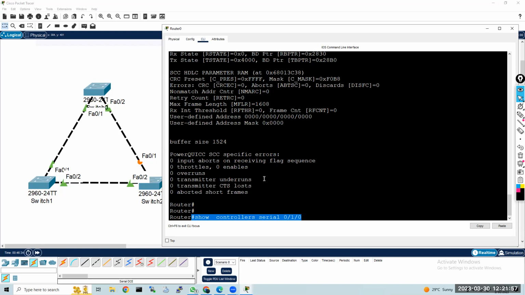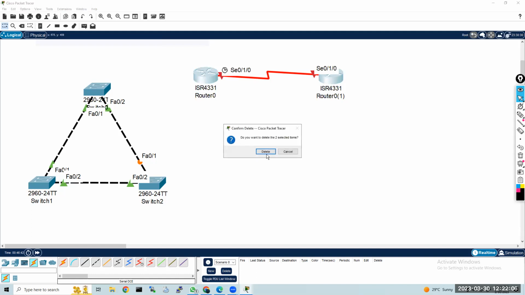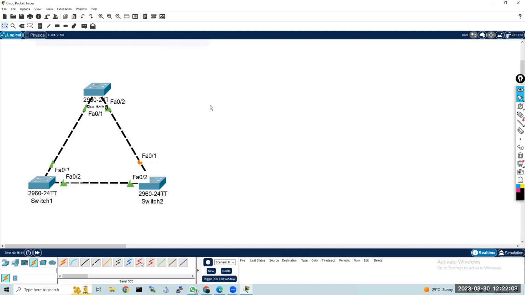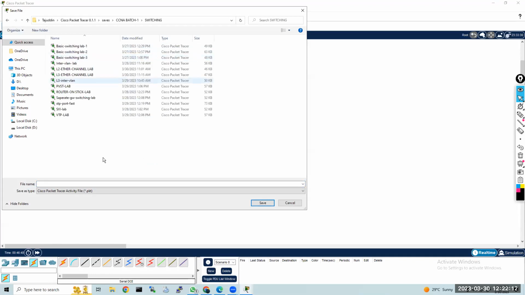Okay, so I want to start your WAN technology next, guys. Okay, you want me to send this file, guys? Let me delete this. Okay, so this is RSTP, right?